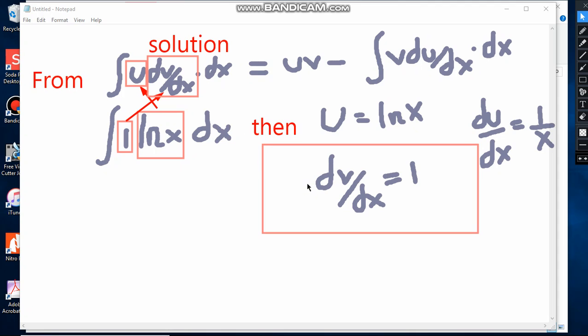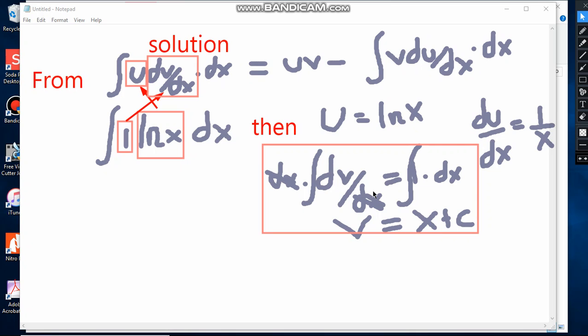So when I multiply by dx on both sides, the dx cancels, remaining dv equal to dx. When I introduce the integral sign on both sides, the integral cancels the derivative, and I remain with v equal to x plus constant.